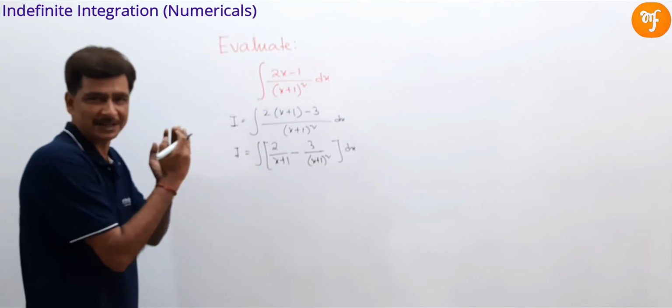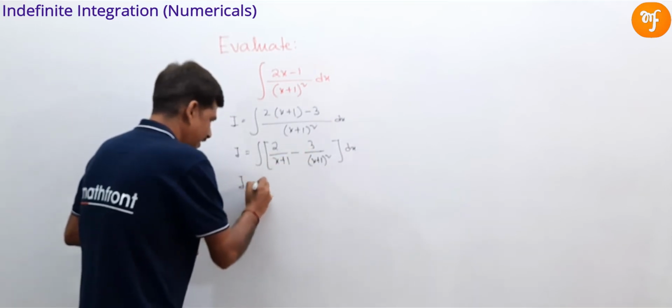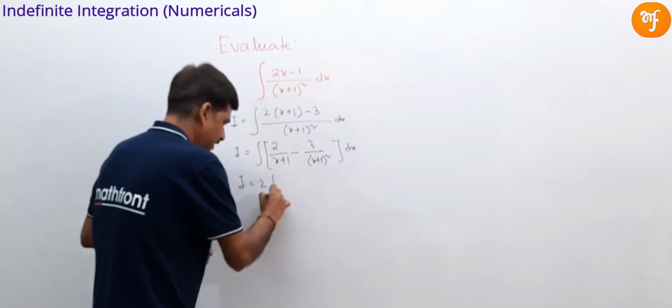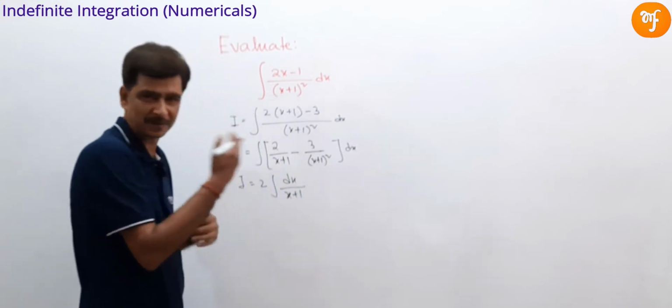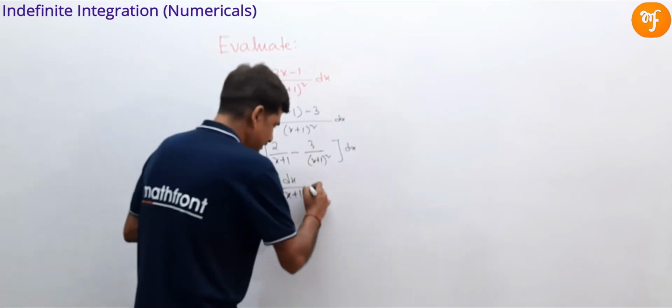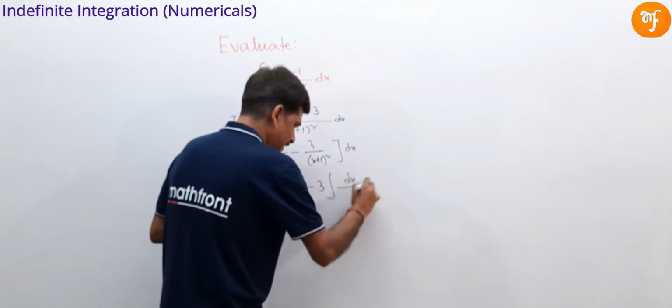Now, we can split this integration into two integrations. In this way, I is equal to 2 into the integration of dx divided by (x plus 1), this is the first part of the integration, minus 3 into the integration of dx divided by (x plus 1) whole square.